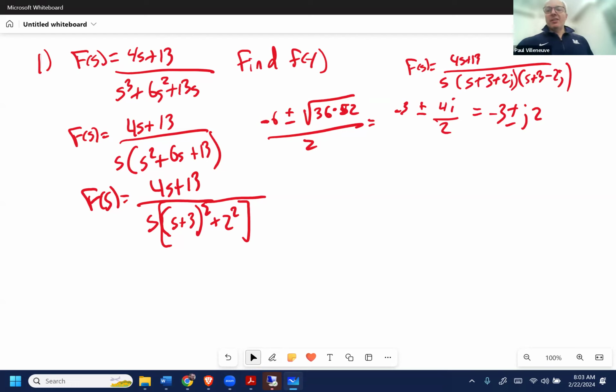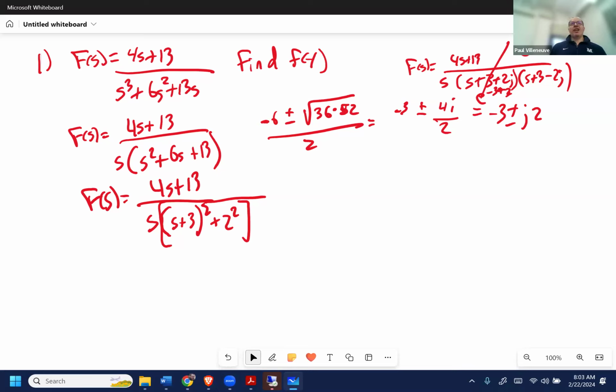But the problem is when you go back into the time domain, this is e to the minus 3 minus 2j. Now, let me put it over here. e to the minus 3 minus 2j, all of that is multiplying t. Can you put that in Excel and get a realistic time domain response? Not a tough question.